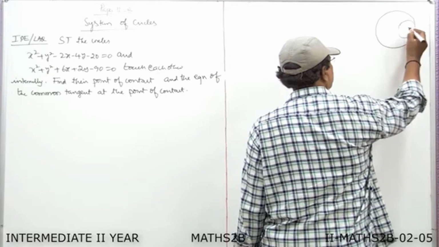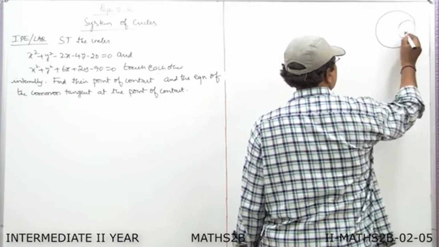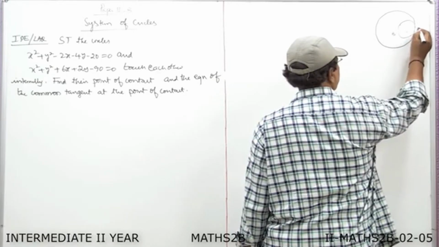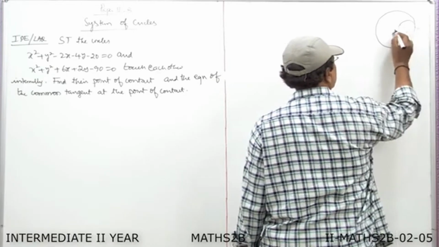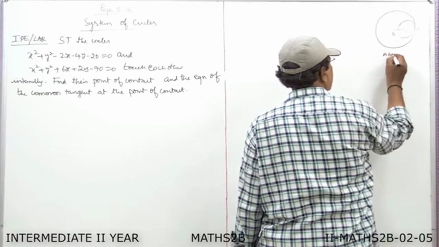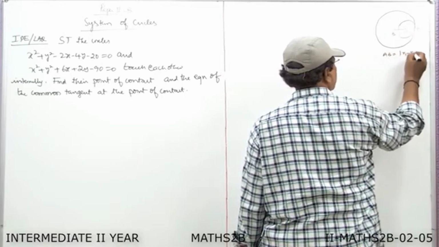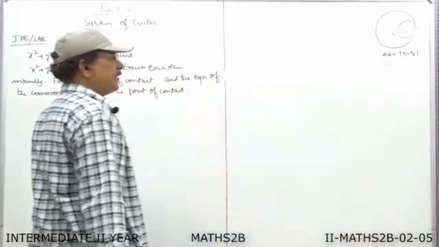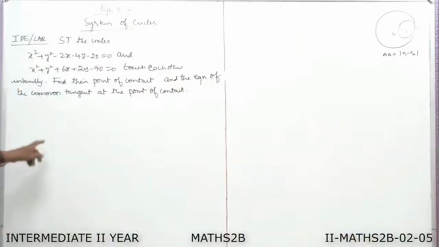This is the center of the second circle. Now this is the point of contact. If the two circles touch each other internally, the condition is AB is equal to mod R1 minus R2. So we verify the distance between the centers is equal to mod R1 minus R2.